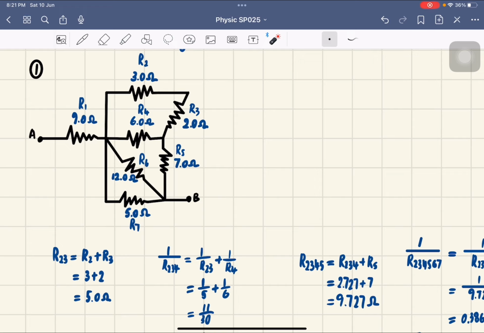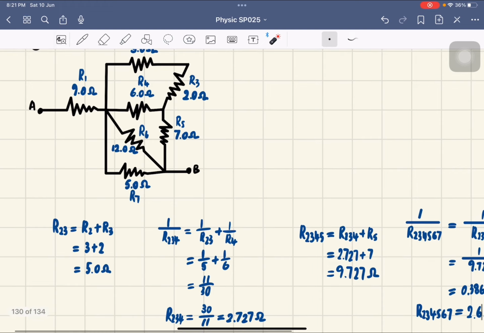So how are we going to combine R2, 3 and R4? Just now we already combined R2, 3 in series. Now we combine R23 and R4 in parallel by using the resistance formula for parallel circuits, which means 1 over R234 equals 1 over R23 plus 1 over R4.